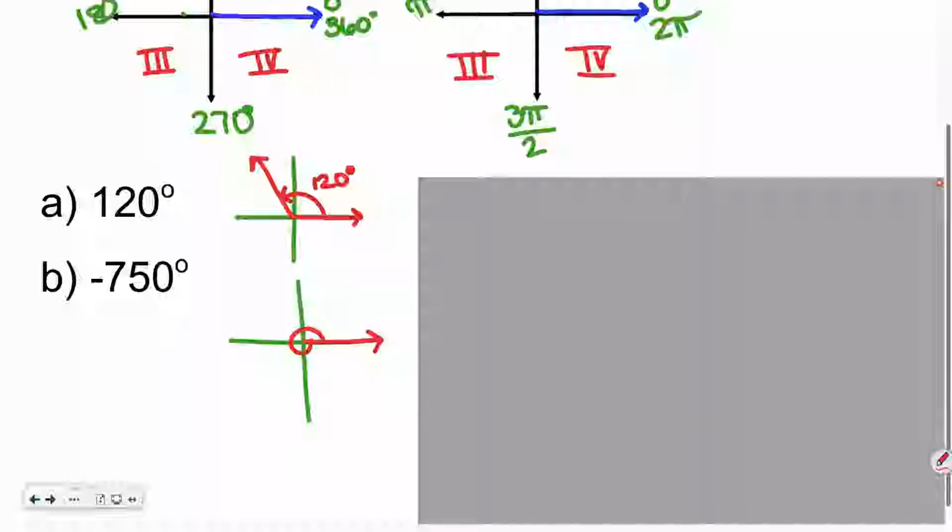All the way around twice would be what? Negative 720. So how many more degrees are left? Okay, so now after we've gone around twice, we need 30 more degrees in the negative direction.